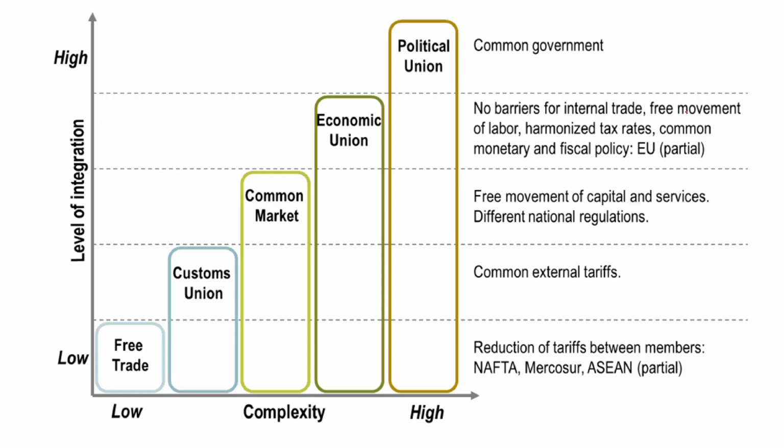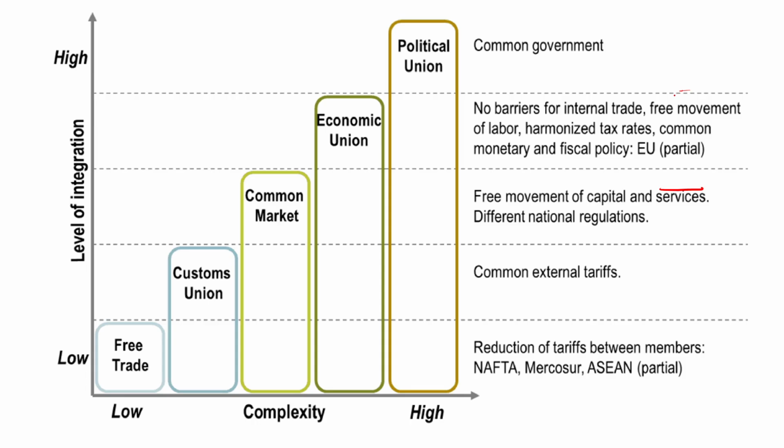Then what is the economic union? In an economic union, there will be no barriers in internal trade, no barriers between countries, and there will be free movement of labor, harmonized tax rates, and common monetary and fiscal policy, like the European Union.